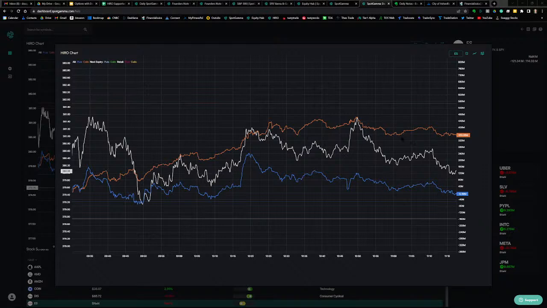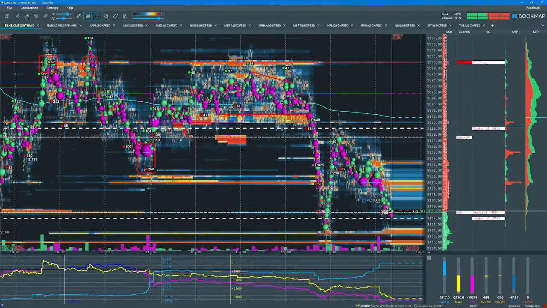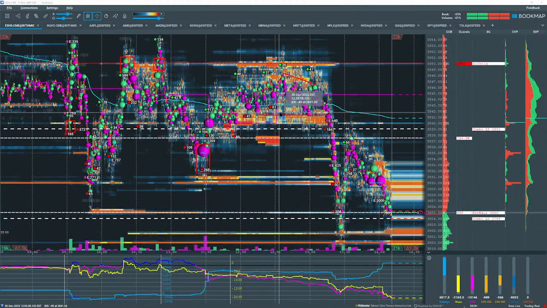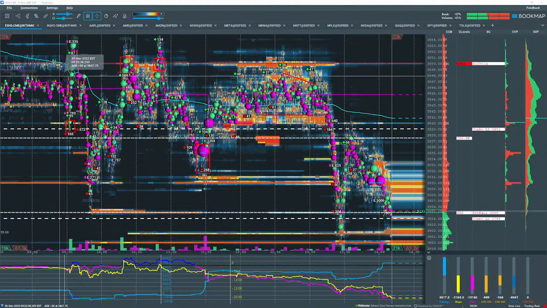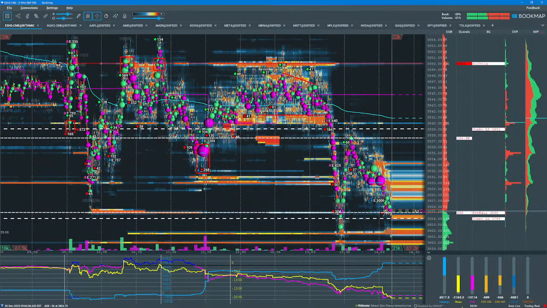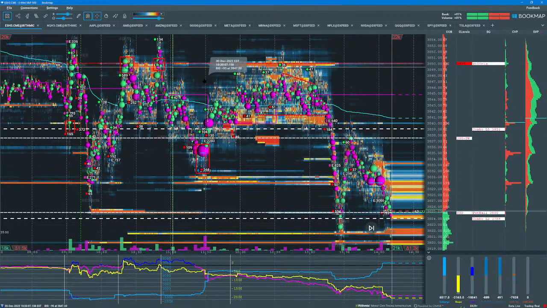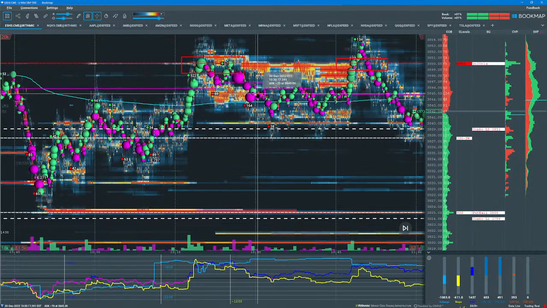Let's go take a look at Bookmap again. And there's that setup in the morning.